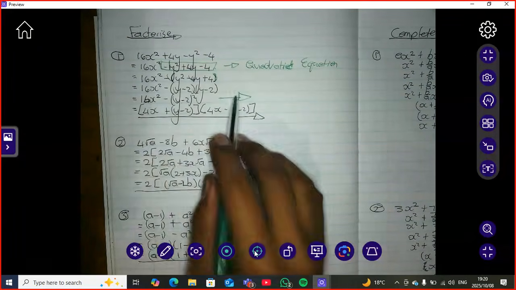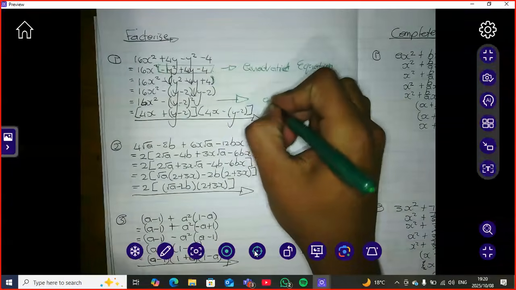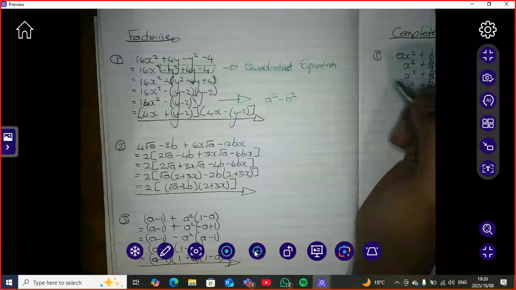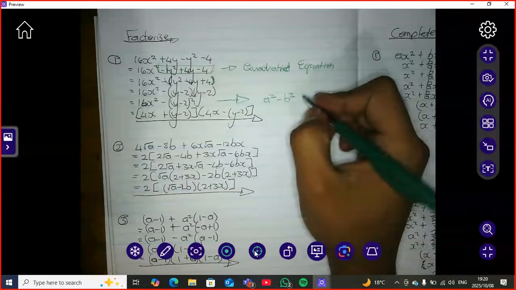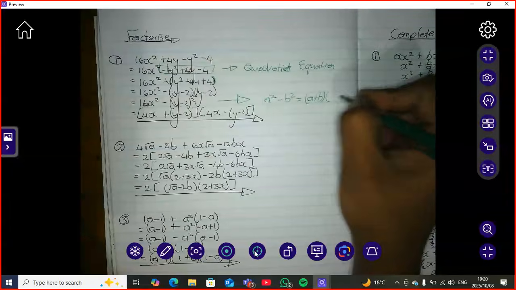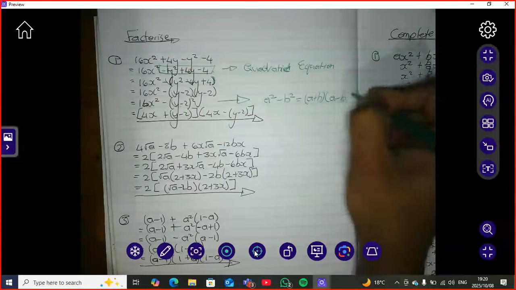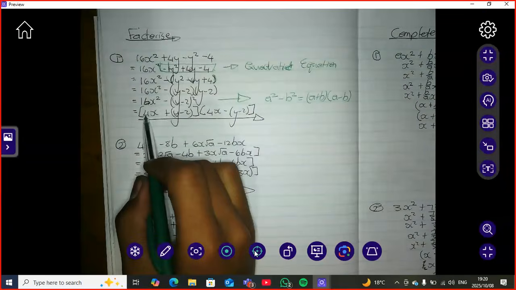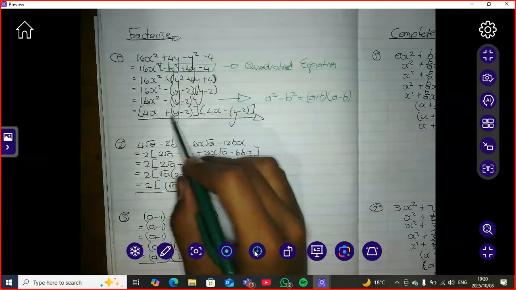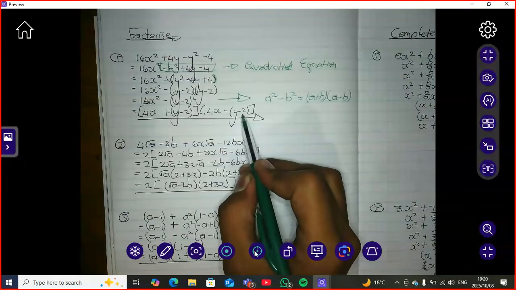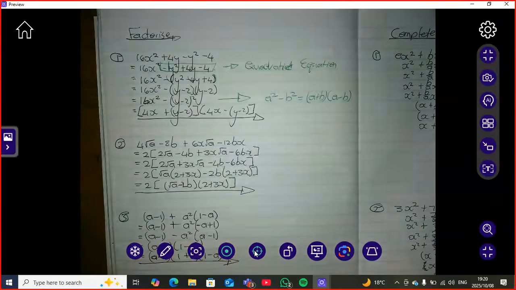So this is the same as saying a squared minus b squared, and a squared minus b squared is a plus b and a minus b. The exact same thing. So I have my 4x plus y minus 2 and my 4x minus y minus 2. Exact same thing.